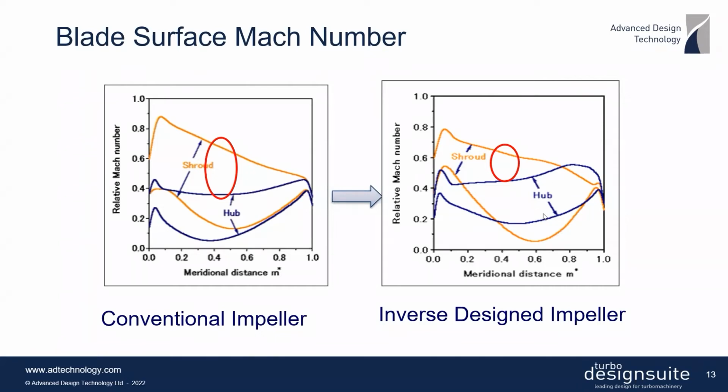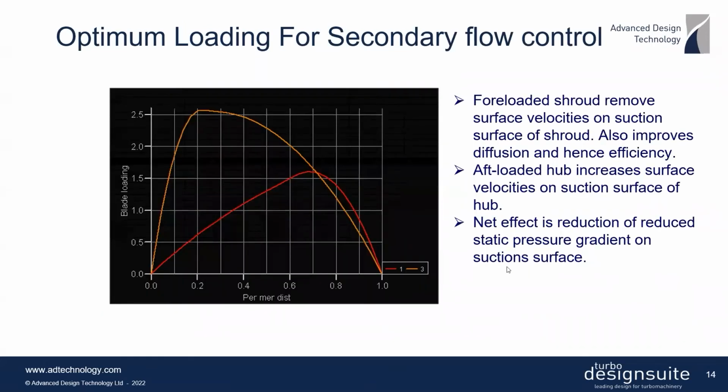So by making changes to blade loading, we could very easily adjust the overall surface Mach number in such a way that we can reduce this gap, as we show here in this example. And this should then help to reduce secondary flows in the impeller. So in fact, the type of loading that we use, and this also works for pumps, which we showed in our previous webinar on pumps, is a fore-loaded distribution at the shroud and an aft-loaded distribution at the hub.